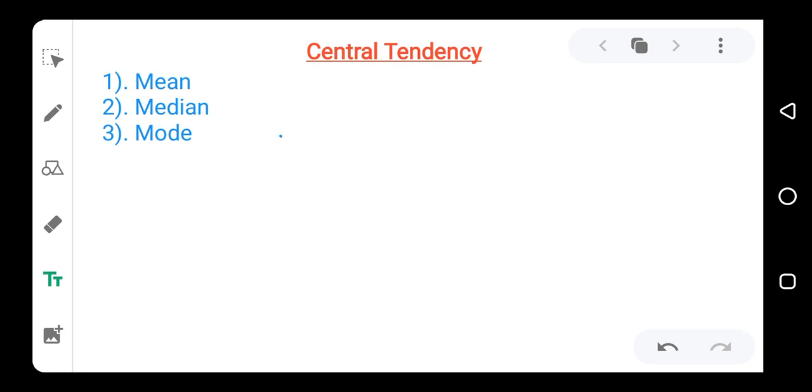When we add the data together and divide it by the total number of occurrence for them, or we can also say that a mean is the sum of all the items in a set of data divided by the number of items in the data set.